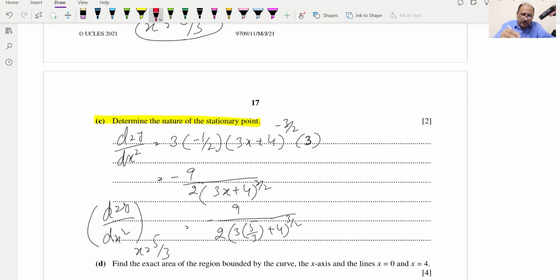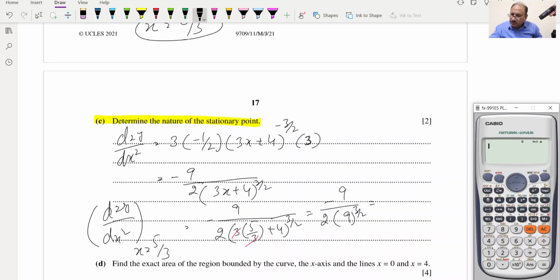The 3 will be cancelled with this 3, and we will get minus 9 over 2 into 10 plus 4, which is 9, raised to the power 3 by 2. If we calculate with the help of a calculator, this will be minus 9 over 2 into 9 raised to the power fraction 3 over 2, and this is equal to minus 1 over 6.